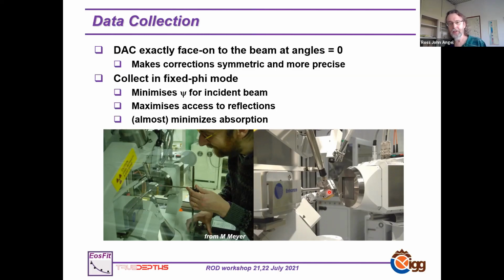In Kappa geometry, to get Eulerian phi fixed, you will see that the phi angles actually change from frame to frame in your data collection. But you will see the cell looks like this picture here. Why do we do this? This minimizes the incident angle, the psi angle, for the incident beam. It maximizes access to reflections, and results in close to the minimum absorption paths through the cell. So Chrysalis takes care of that for you.